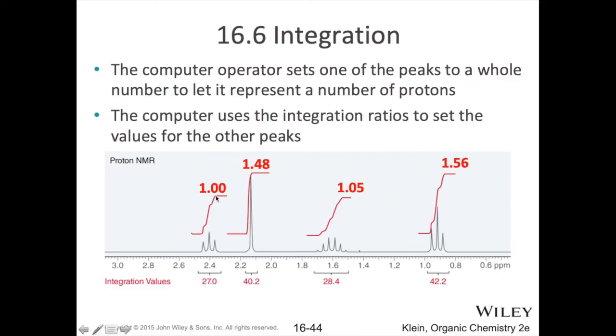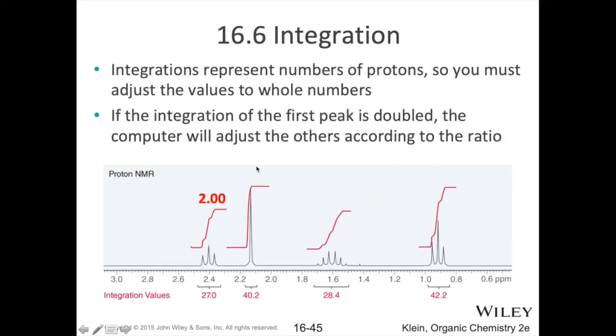So that's one approach to get started, though you can immediately see a problem here. You can't have 1.5 protons, so clearly this must not be just 1 proton. Let's try doubling it, because if this is about 1.5 and this is about 1.5, if we double these numbers, we will get whole numbers. So we set that at 2, and now the numbers start making a little more sense.